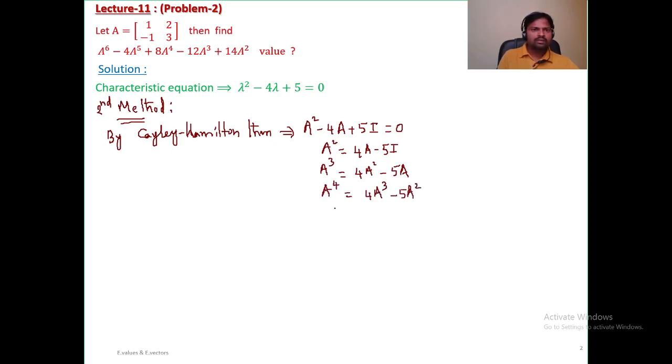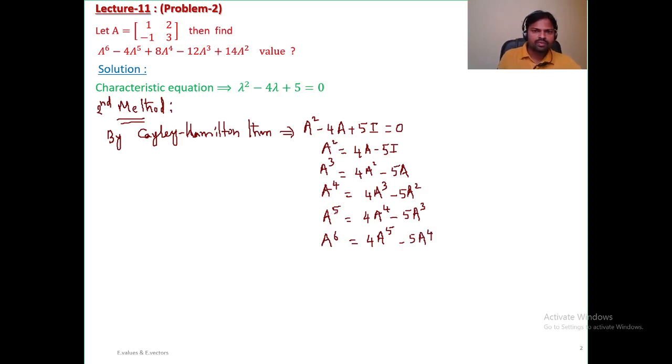If you multiply with A one more time, we get A power 5 equals 4 A power 4 minus 5 times A power 3. Doing it once more with A on both sides, A power 6 equals 4 A to the power of 5 minus 5 A to the power of 4.